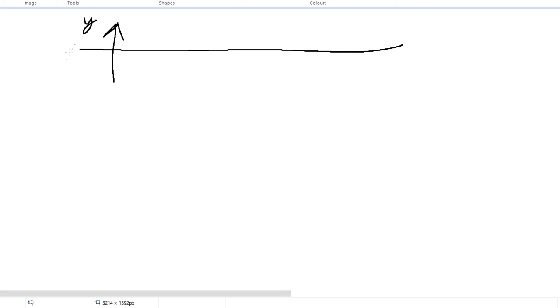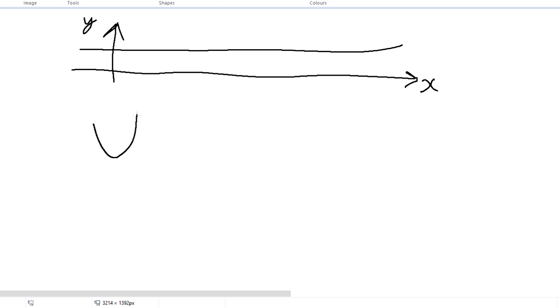So there's our y-axis. There's our x-axis. Now, what a binomial is, technically, is just a polynomial, which is just a curve. So you've got your x squared, you've got your x cubed, and then x to the 4. Basically, a polynomial is eventually just going to be a squiggle.